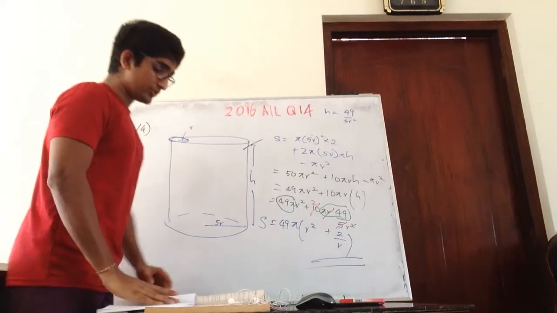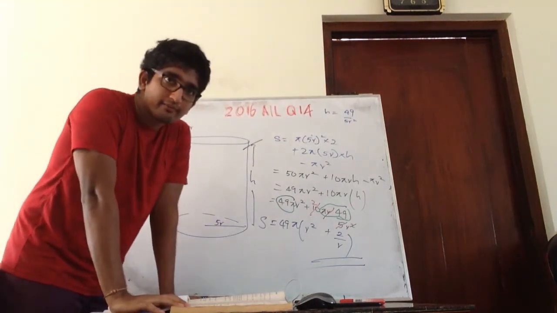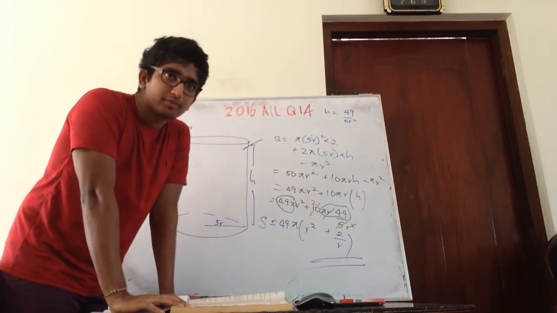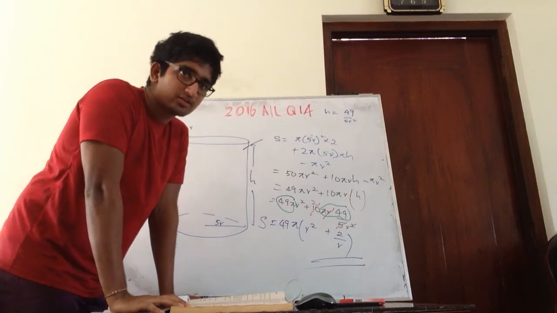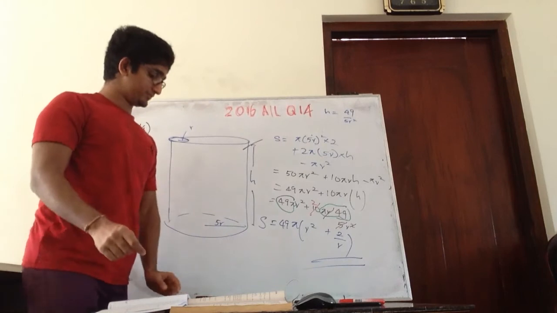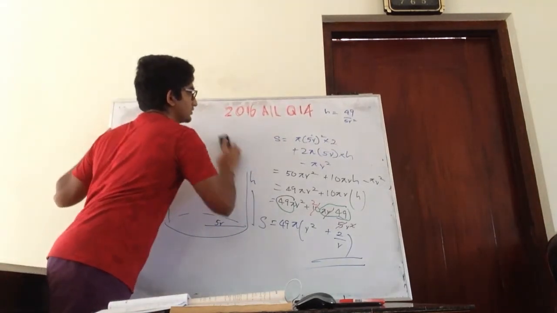Right. So now we need to get what? So what are they asking next? Find the value of R such that S is minimum. So let's find the corresponding value of R where S is minimum. So I don't need this now.